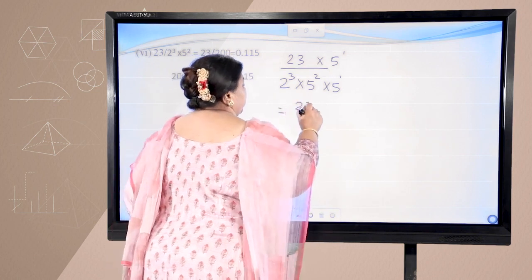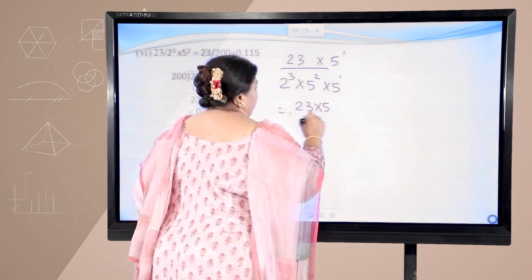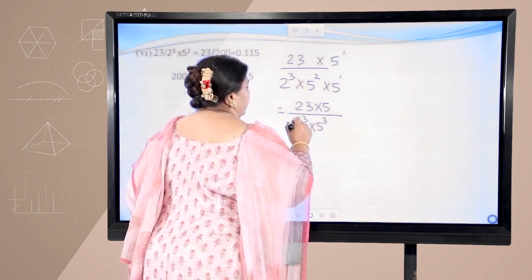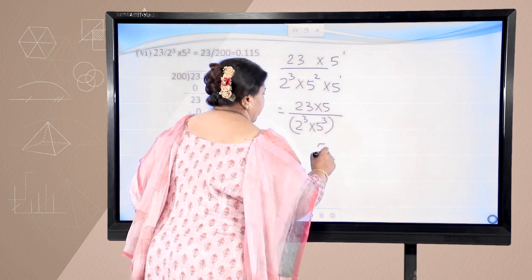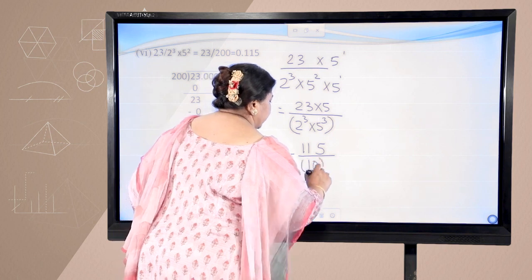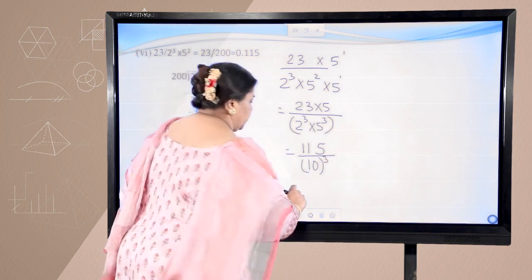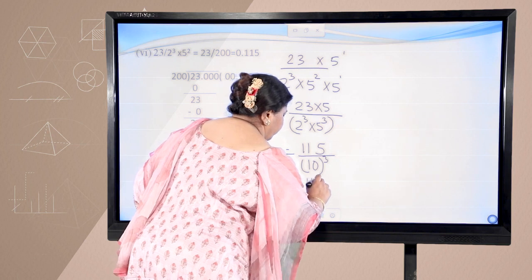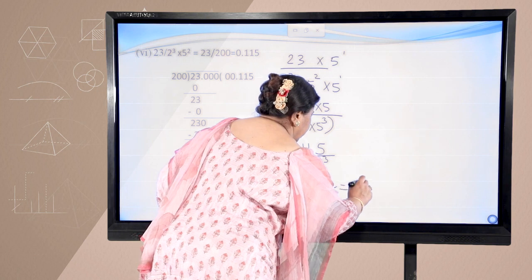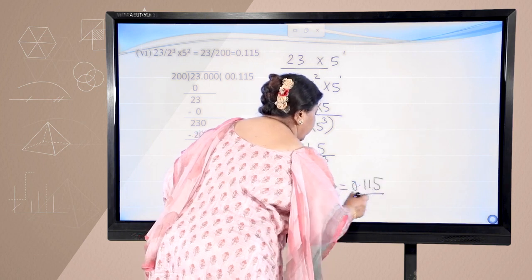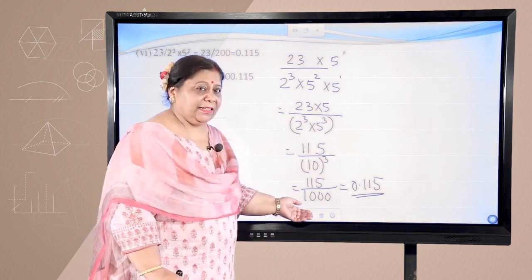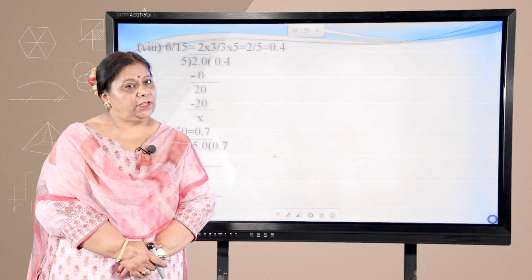So, 23 into 5 upon 2 to the power 3 into 5 to the power 3, which can be written as 115 upon 10 power 3. We are using laws of exponents. So, 115 upon 1 followed by 3 zeros gives us 0.115. I hope the method is clear. It is easy.